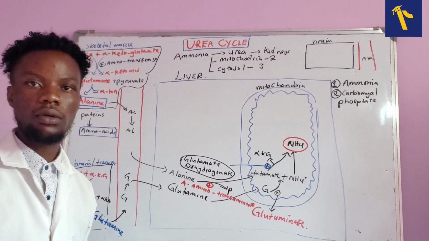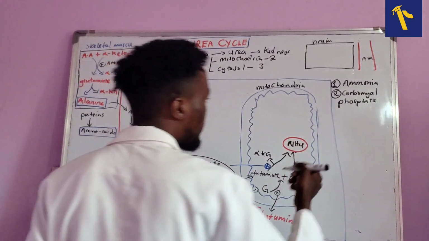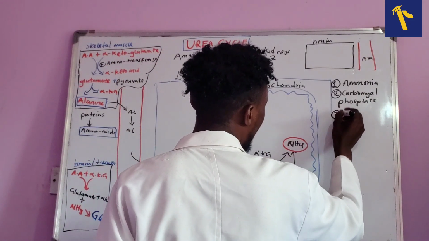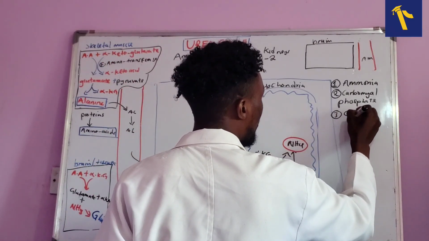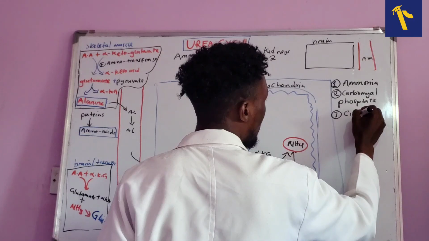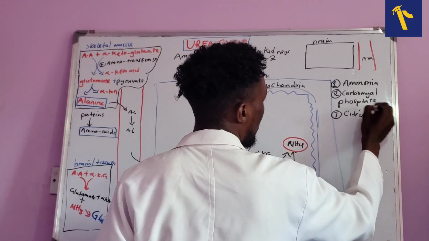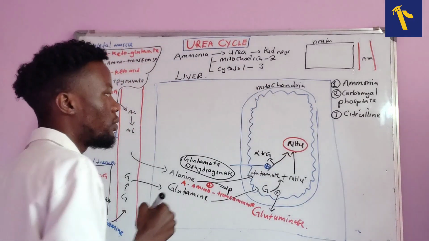So make sure that you take note of that: carbamoyl phosphate. The other molecule that's going to be produced is citrulline. So we'll be following this. Citrulline.